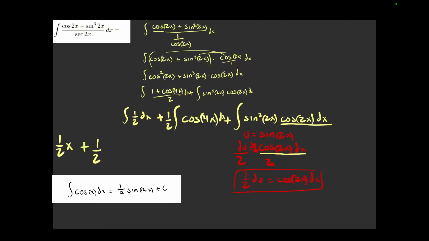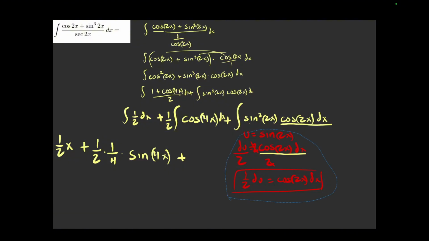I'll put the formula on the side. So we get 1 over a, which will be the 4, times sine 4x. Plus, let me make this smaller so we have some space. Move it to the side.